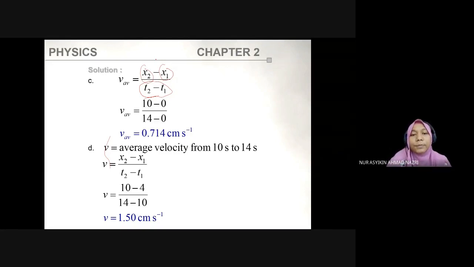So we get this velocity, which we actually already calculated.